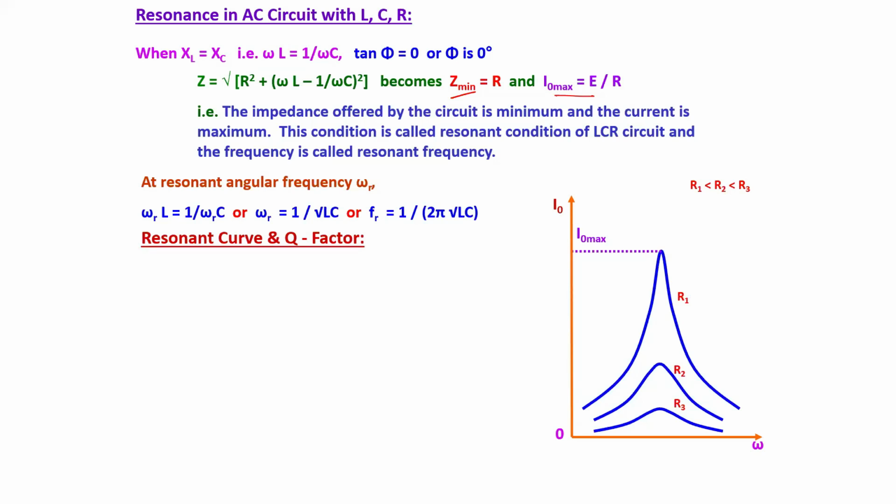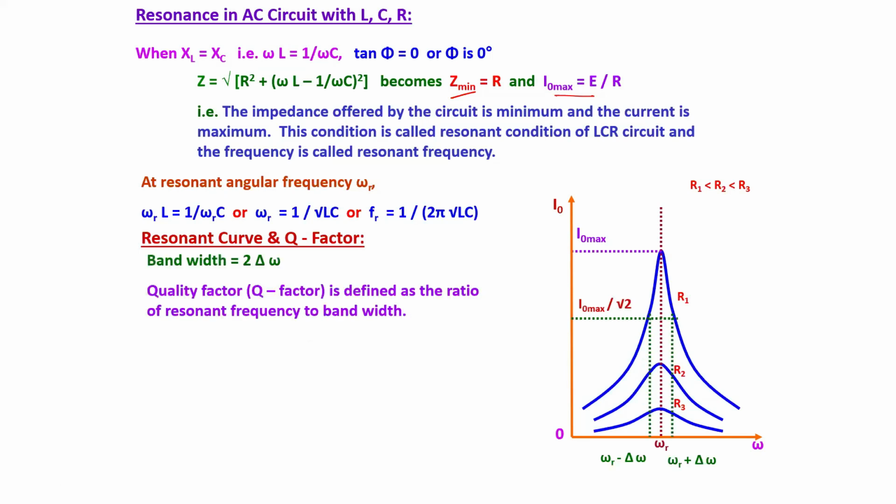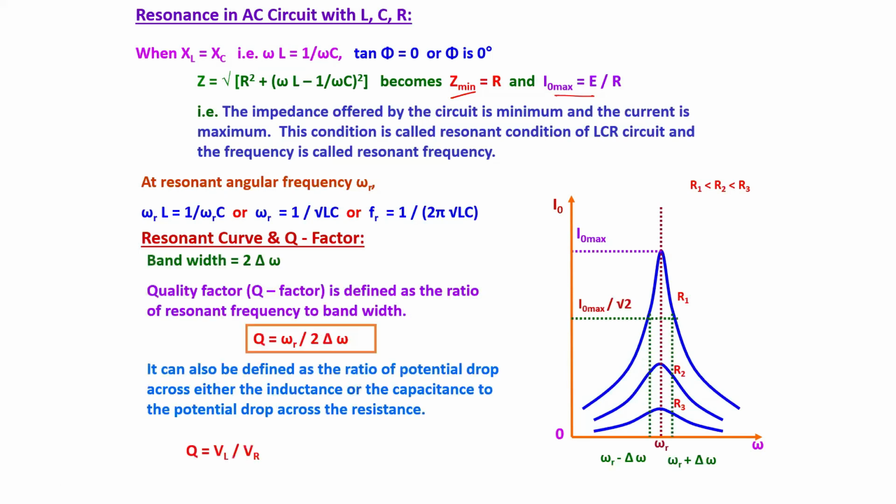Right, now I just show the diagram here for the relation between I naught and omega as well. Here I represent the values of maximum current, and now we are going to study what will happen to the Q factor and the bandwidth.